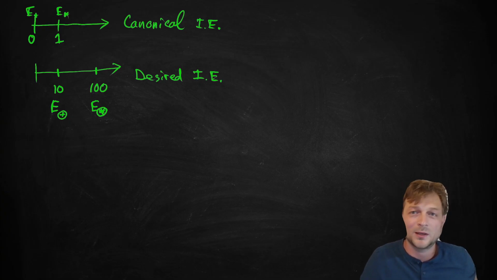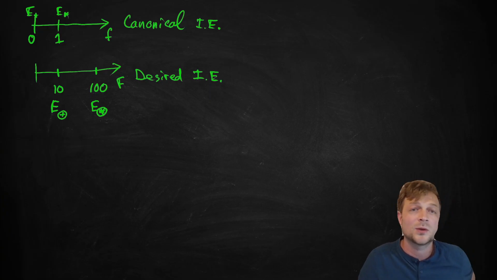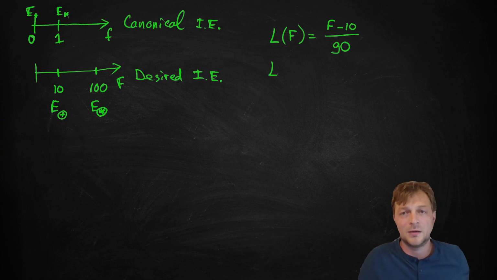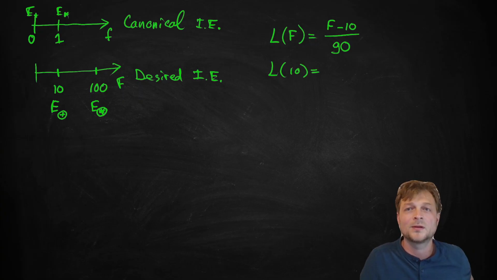Let's say this is a space F small and this is F capital. We can transform F capital to F small by some normalization. Let's say we take f, subtract 10, and divide by 90. So this L of f will transform 10 to 0, and it will transform 100 to 1.